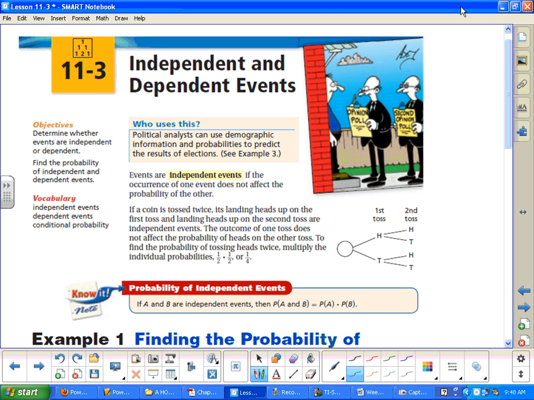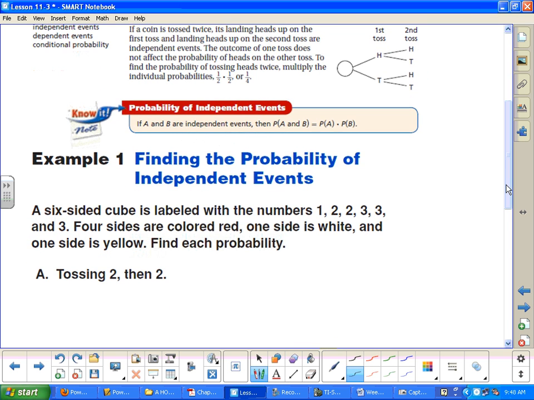No. It changes. So independent events are where that probability would be the same, dependent events are where that probability changes, but we end up multiplying in either case. So if A and B are independent events, then the probability that A and B both happen is the probability of A times the probability of B.